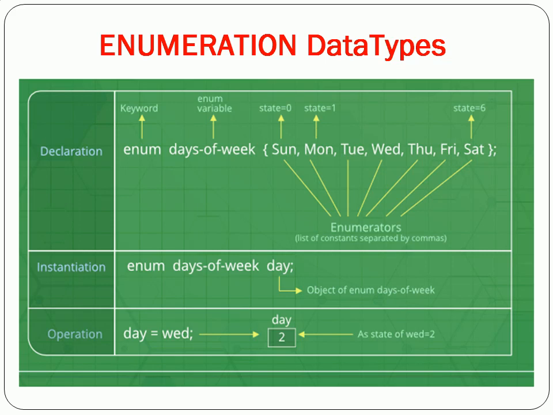The second section is how we create an object for the variable days of week. Here enum is a keyword, days of week is the enumerated variable, and then you leave a space and use another variable called day. Now the day acts as an object for the variable days of week.